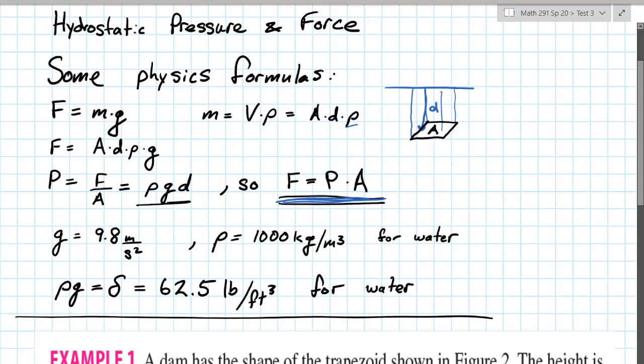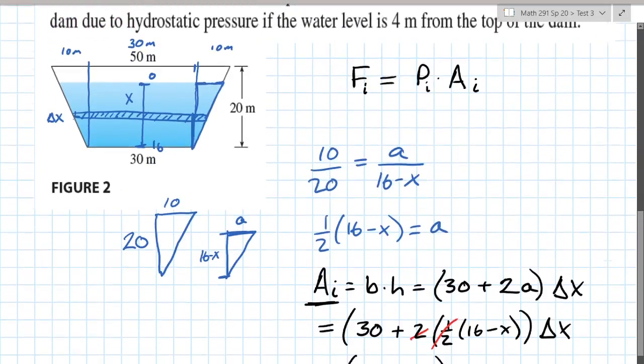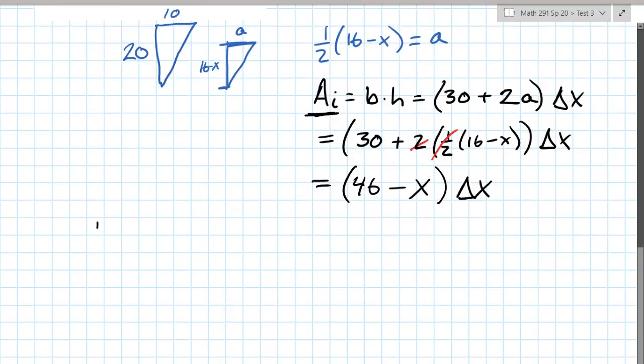So, right there. Our pressure of the ith strip is approximately equal to the density of the water. Since we're dealing with standard units, we have 1,000 for the density of water, times acceleration due to gravity, that's not changing, that's 9.8, times the distance under water, we called that our x sub i.